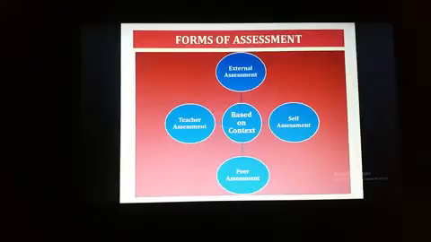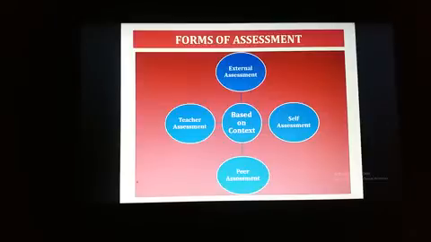Based on context. Another big point is context; based on different contexts we can also categorize assessment. One is internal and external, but external assessment, when assessment is done through external agencies or external persons. Self-assessment, that is internal assessment, individual.